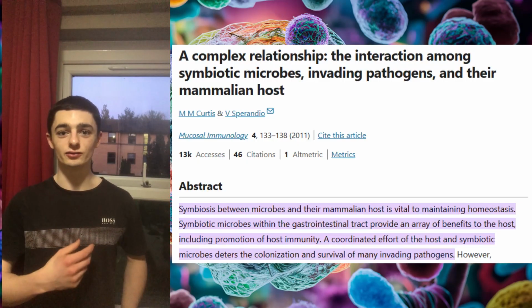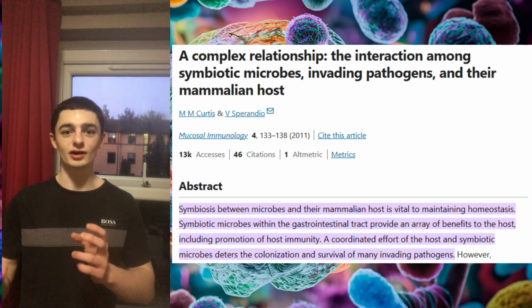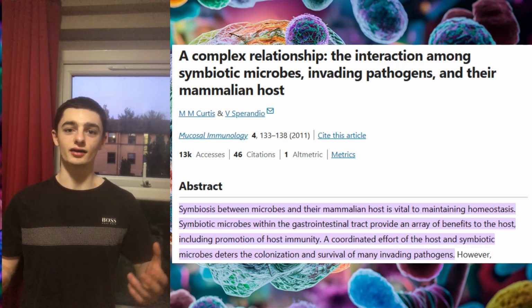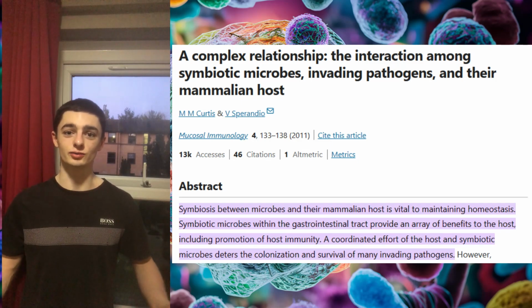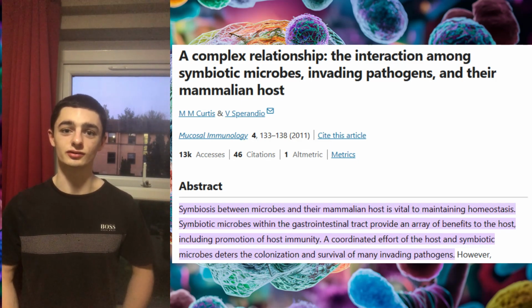So we eat food, we feed them. The different kinds of microbe have different energy sources, and so as a result they make stuff. So they take this food and they turn it into stuff, and some of that stuff is useful to us. Lots of it, in fact, is useful to us.